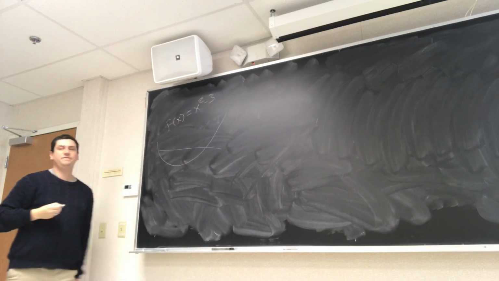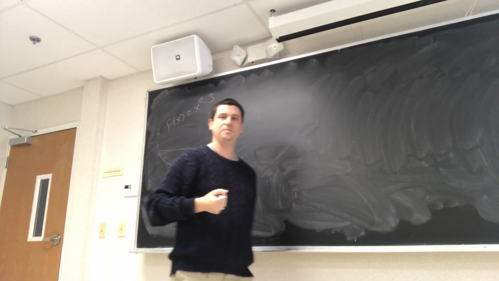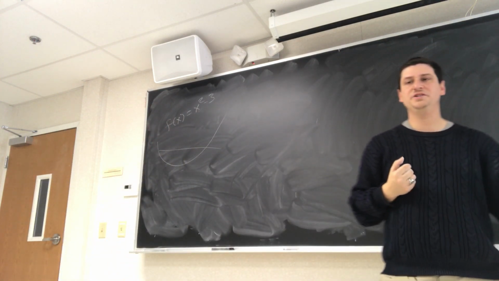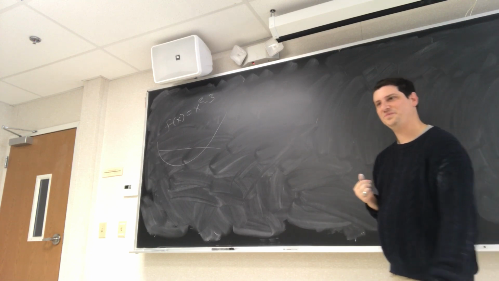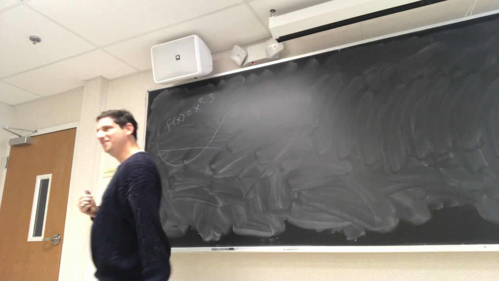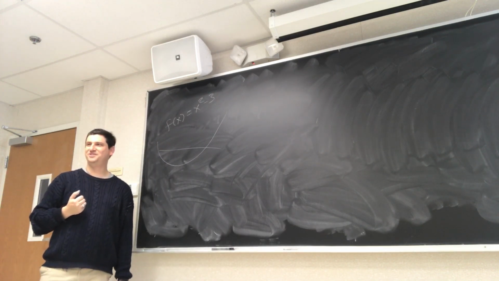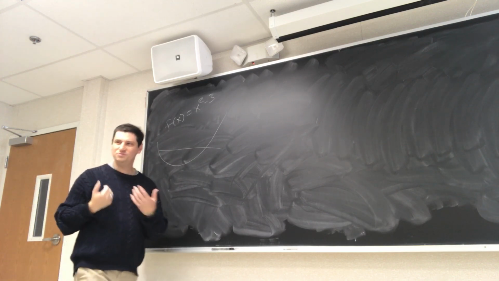So let's say I give you f of x is x squared minus 3, and I want to find where this is 0. So can someone tell me where x squared minus 3 is 0? And? Okay. And what is root 3? You've just given me a name of something. Well, what is root 3?